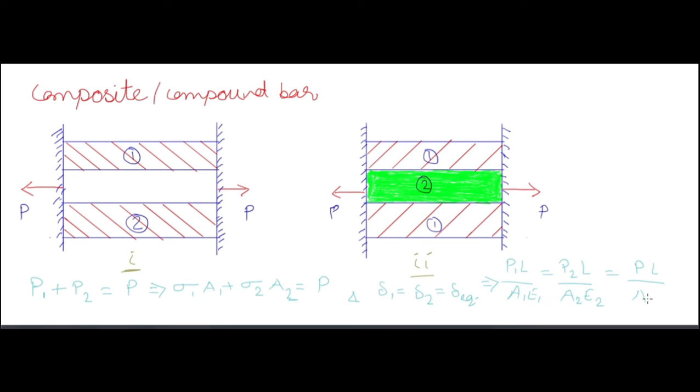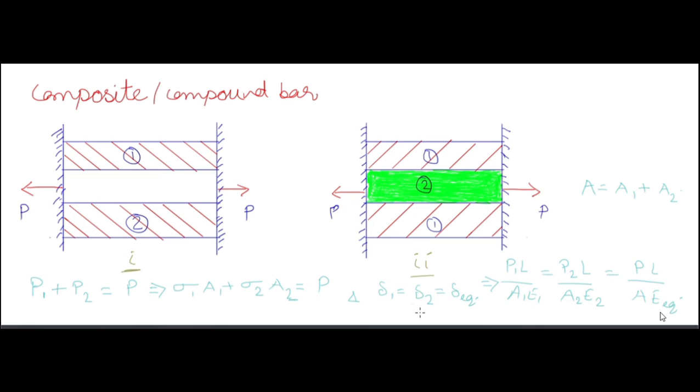Now you can also find the equivalent modulus of elasticity using this. Also in this equivalent you have to put A is equal to A1 plus A2. So you have to mind this, that P1 into L by A1 into E1 is equal to P2 into L by A2 into E2 is equal to P into L by A into E equivalent.